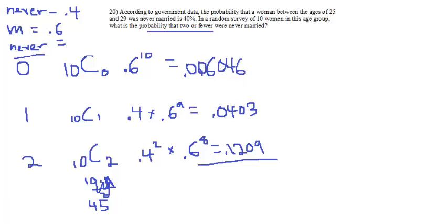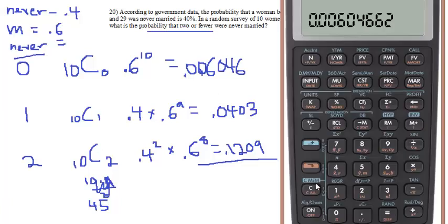Sorry about that. So let's add it up on the calculator again. Okay, so we had 0.006046 plus 0.0403 plus 0.1209, and altogether we had 0.1672.